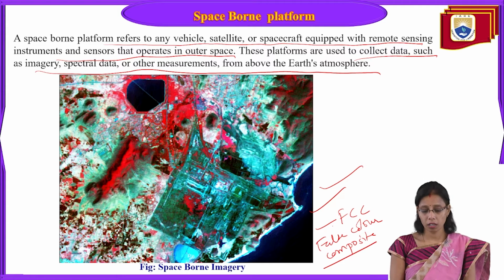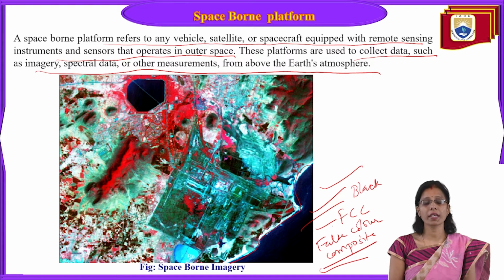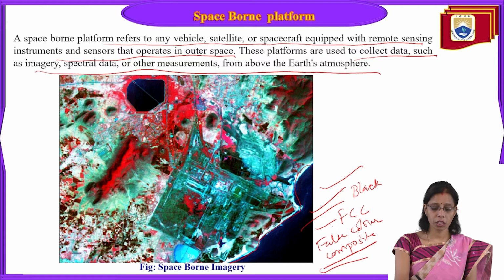If we can identify this portion, it's a water body, so it appears in black. Always it appears black in a satellite image, in a false color composite image. Whenever you take a raw satellite image, it will always be in a false color composite. It won't be in a true color. So with the help of the shape and size and the color or texture, we are able to identify the ground features. Now this one is also a water body.